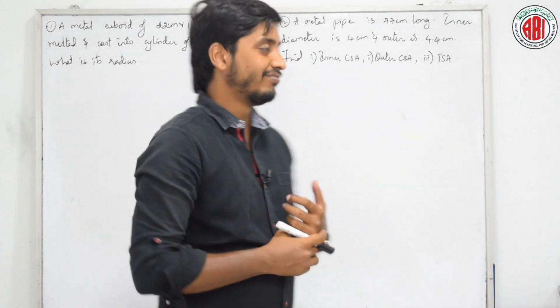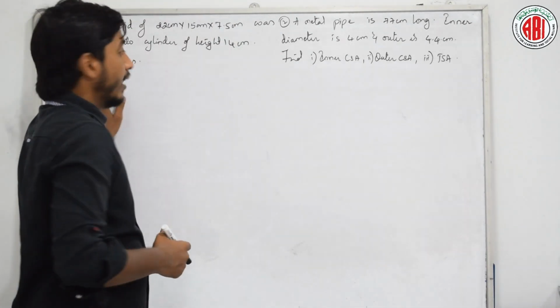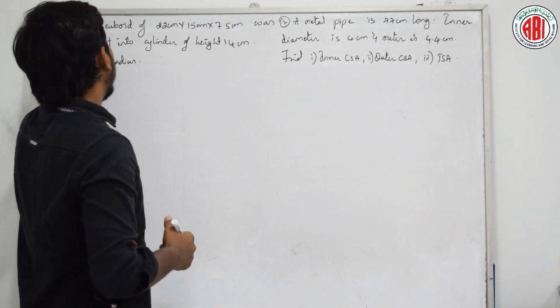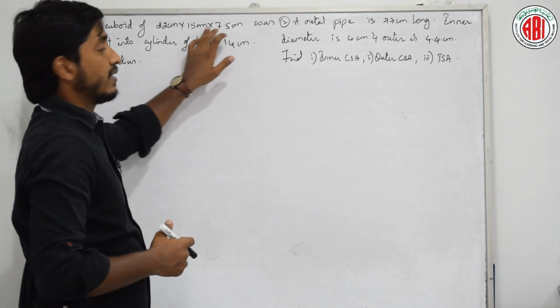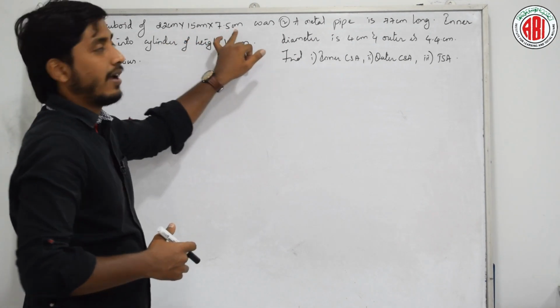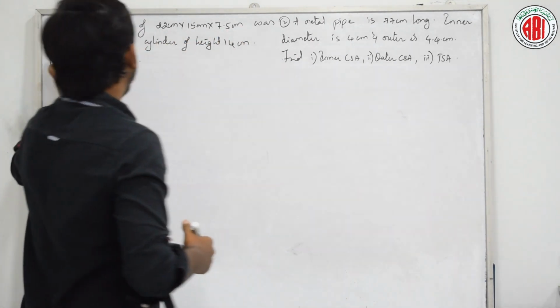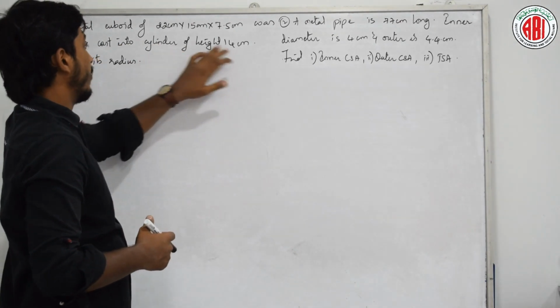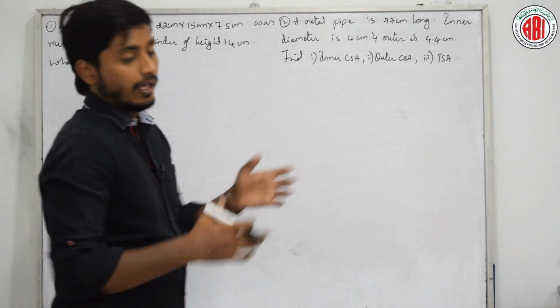Let's do. See here, the question: a metal cuboid of this length, breadth, height was melted and cast into a cylinder of this height.